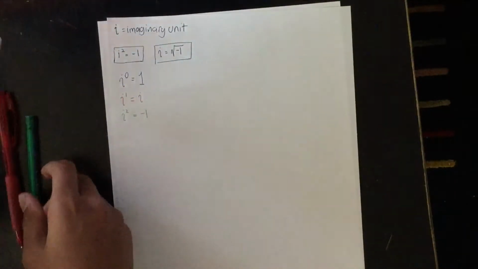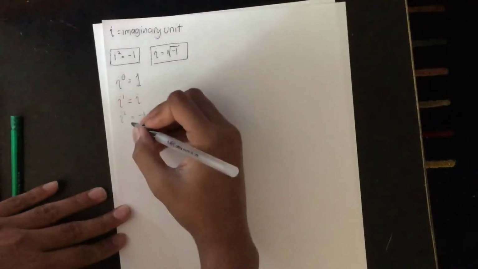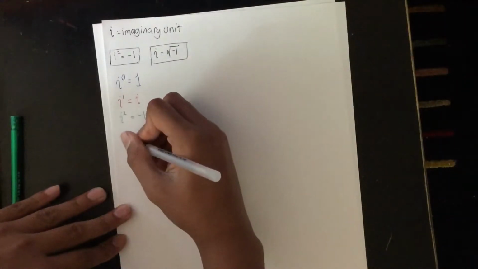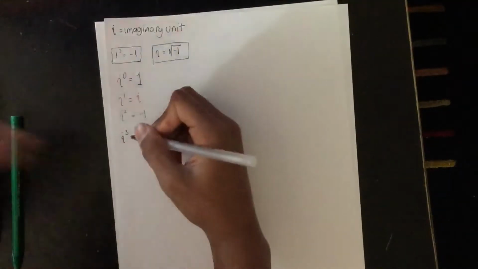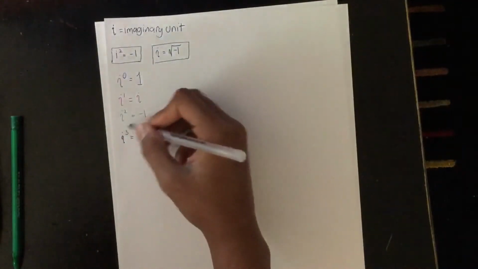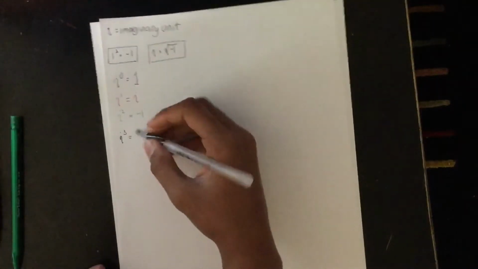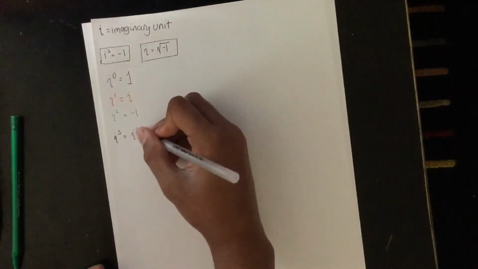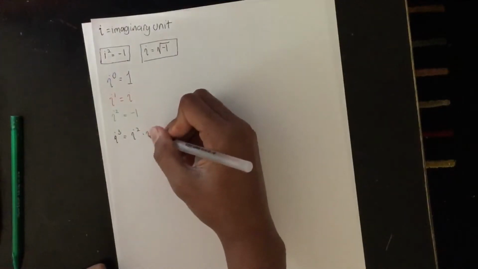Now the next one might be a little more tricky: i to the power of 3. i to the power of 3 equals i squared times i.